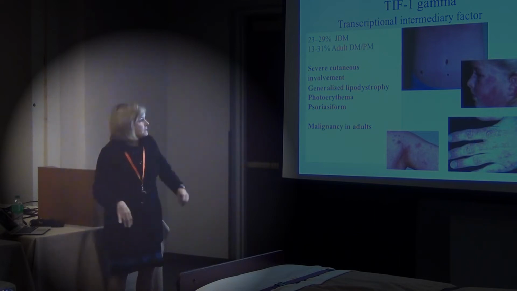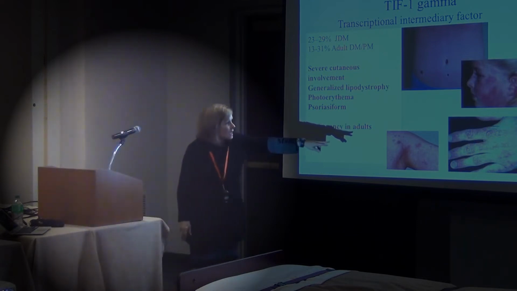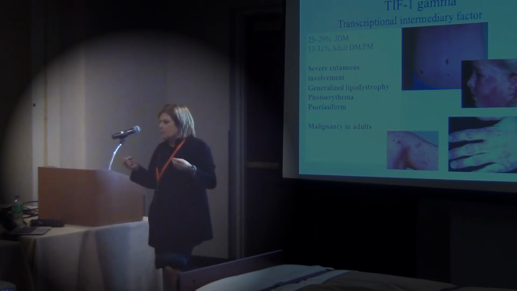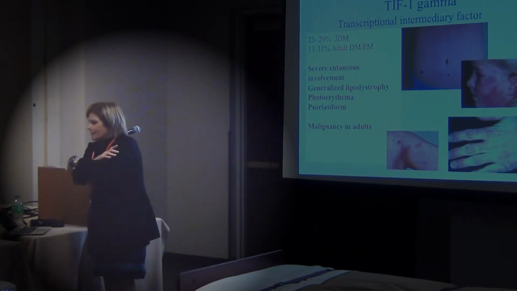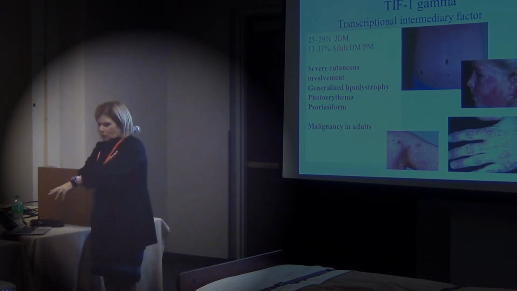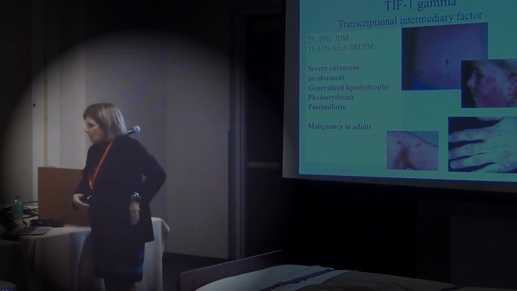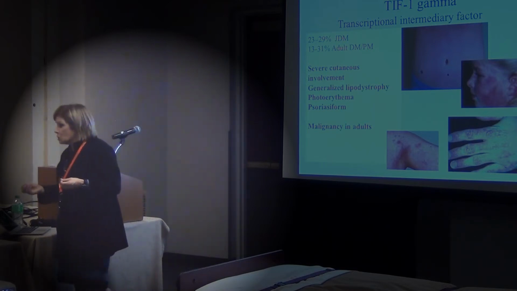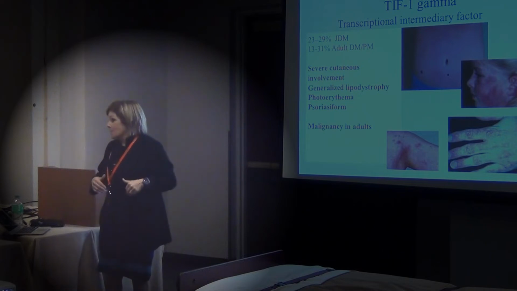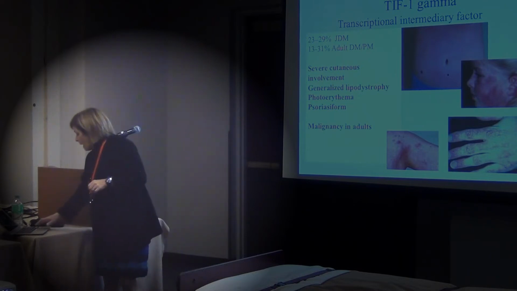You can get ulcers of the skin, and then you get something called lipodystrophy, where you get fat distribution changes, where you lose the fat sometimes in your arms and legs, so it looks really muscular but thin, and you get more around your belly. That's a phenomenon we see in a couple different conditions, but in dermatomyositis we can see it as well.